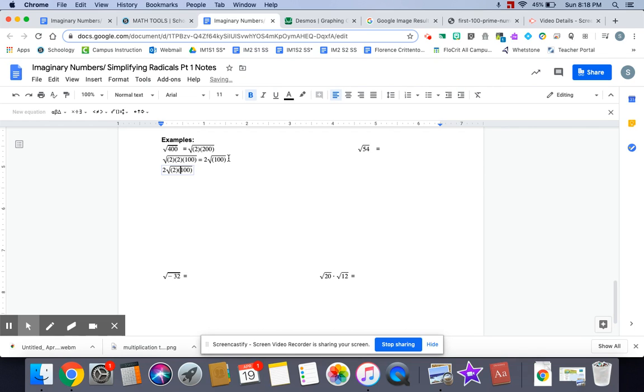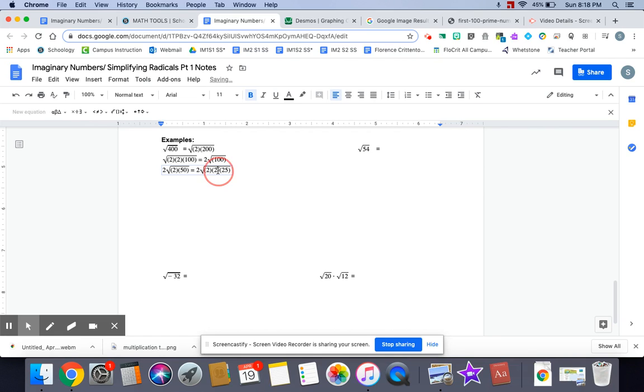And then it'd become 50. 50 is not on that list, and 50 can divide by 2 as well. So I still have the 2 in front, my little root symbol, the 2. Then if I divide 50 by 2 again, I get 25.